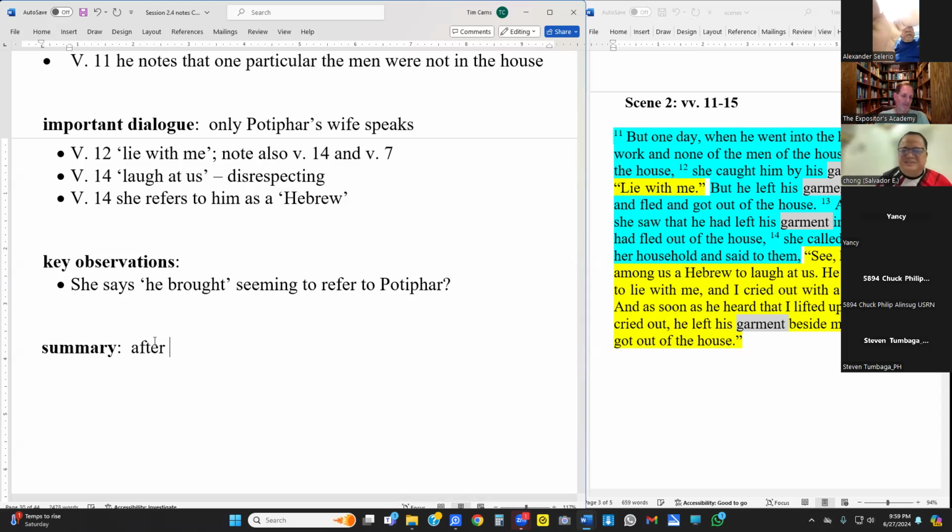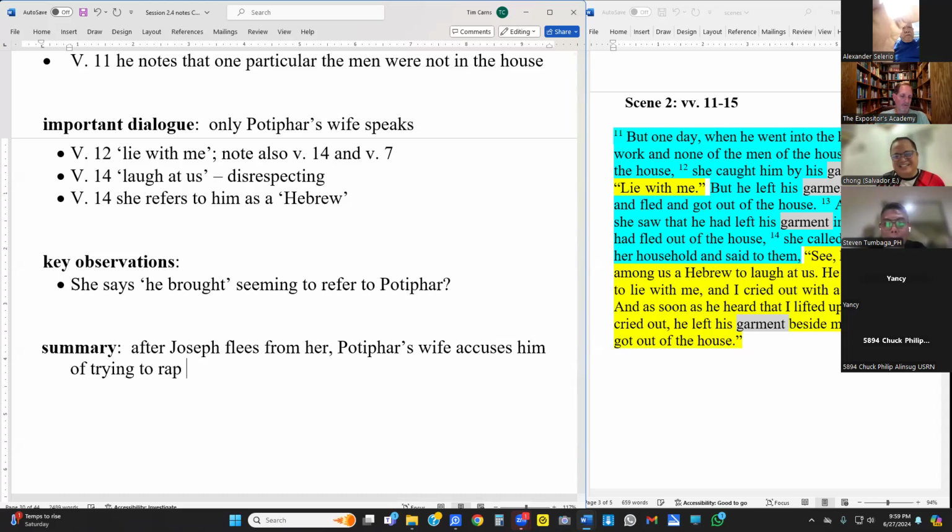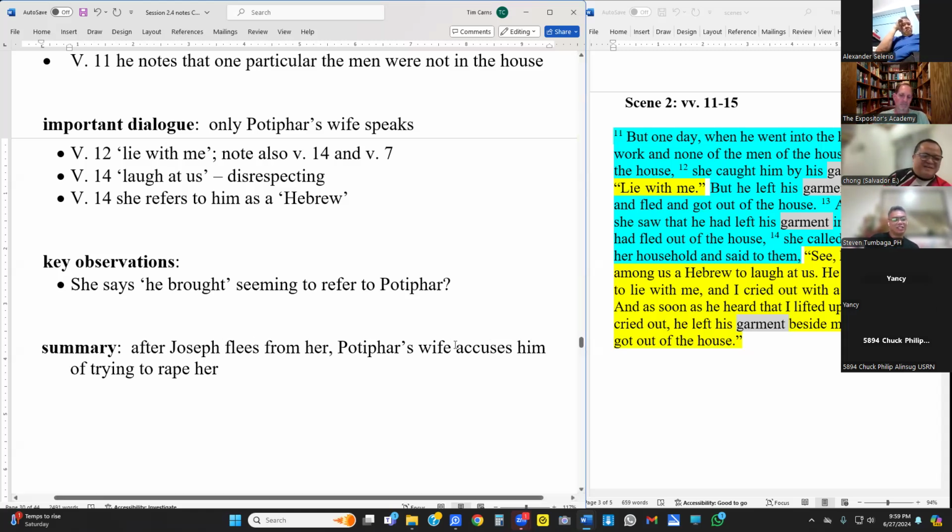So maybe something like: after Joseph flees from her, Potiphar's wife accuses him of trying to rape her. Something like that. I think that would be good enough. Okay.